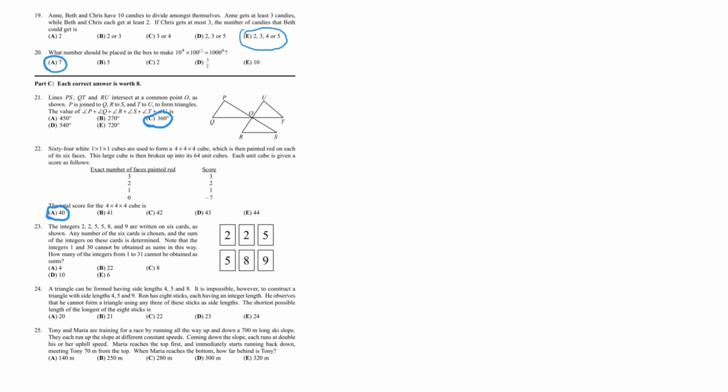Note that the integers 1 and 30 cannot be obtained as sums in this way. How many of the integers from 1 to 31 cannot be obtained as sums?